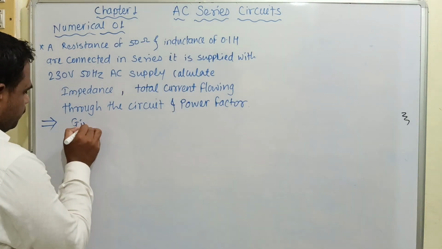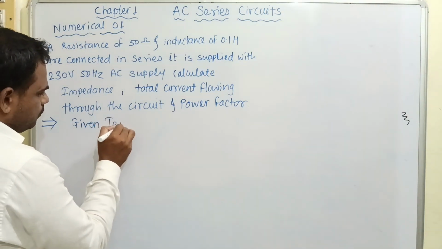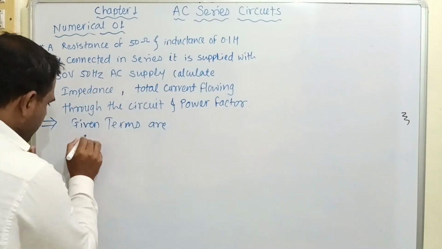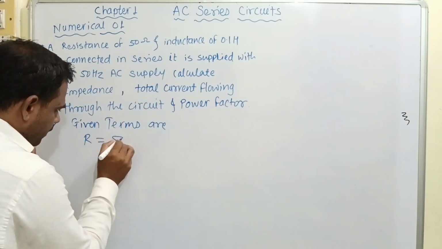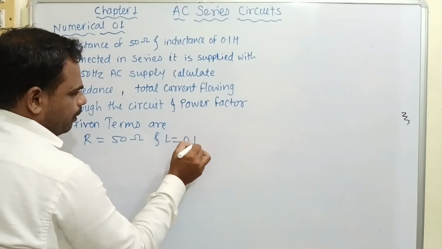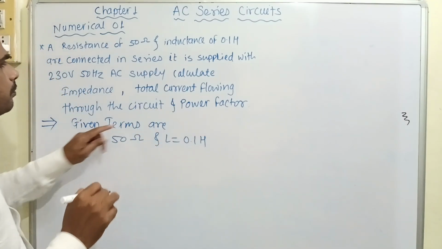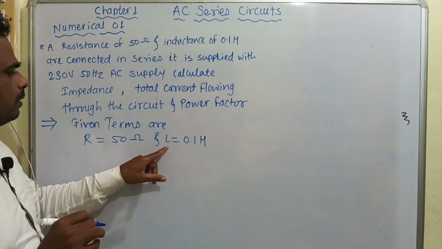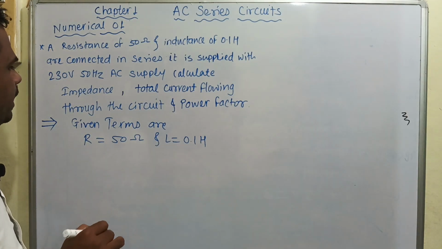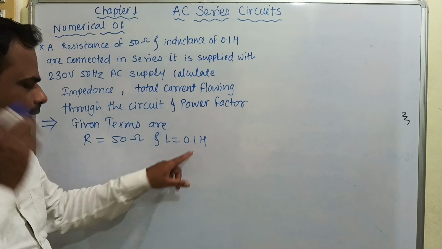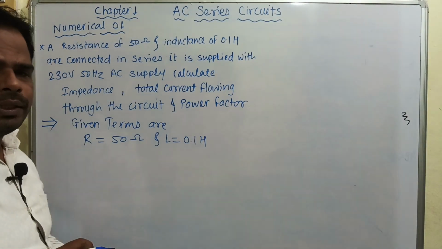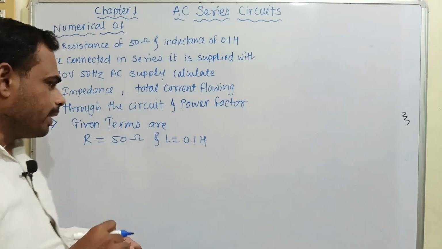Given terms are R is equal to 50 ohm and L is equal to 0.1 Henry. Henry is the unit of inductance. From the value of inductance L, we have to calculate the value of inductive reactance.